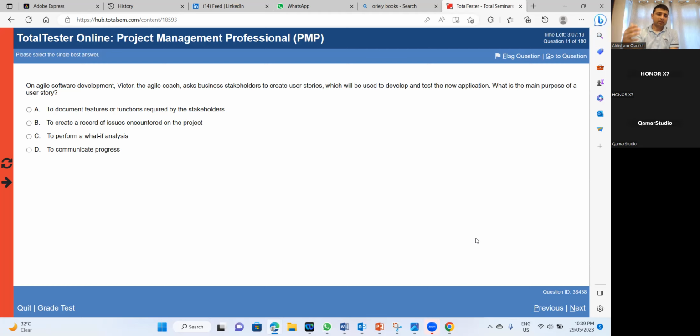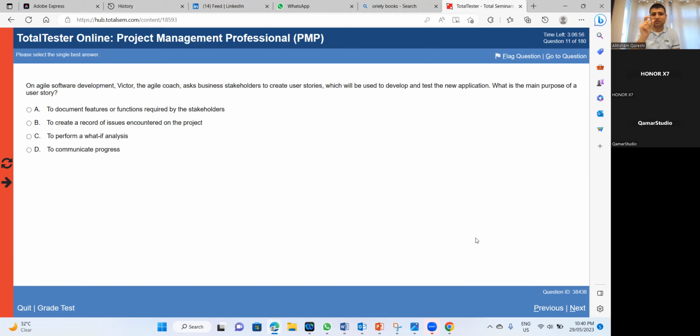Once the user story is created, and you create a ticket for it, okay? It becomes a placeholder for discussion sometimes as well. So you will ask what happened with my requirement.